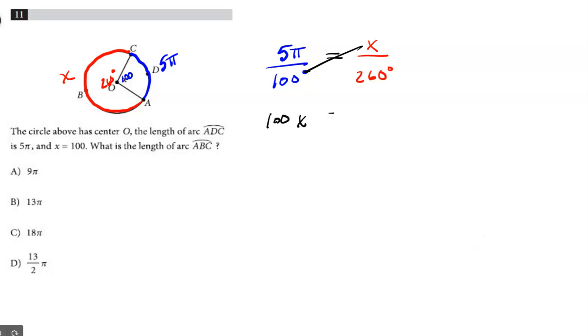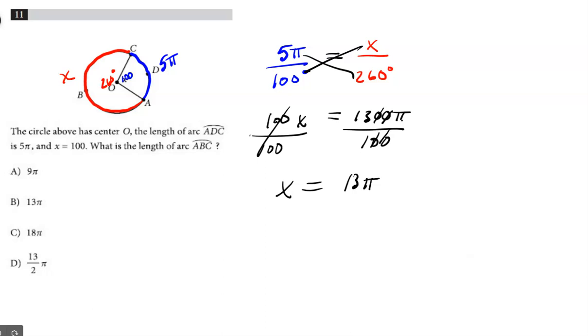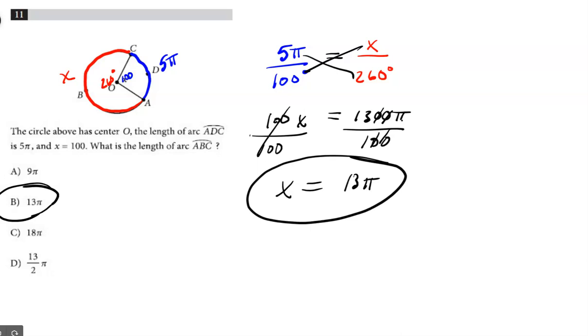So we have 100x, and coming this way, we get 100 times 13, so that's 1,300 pi. And if I divide both sides by 100, and over here I can cancel off some zeros, we're looking at 13 pi. And that sounds about right. 260 is more than double 100. 13 pi is more than double, but not triple, 5 pi. So the correct answer is B.